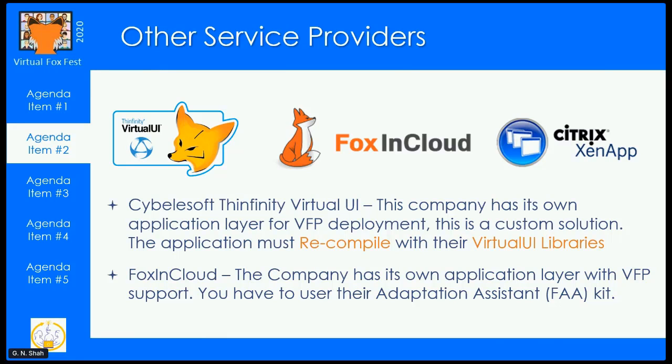They both are in the market. They both are available. The reason I stick with Amazon, or suggest Microsoft Azure RemoteApp, is because it does not have any dependency. Whatever you have developed over many years of iteration, you have a solid application.